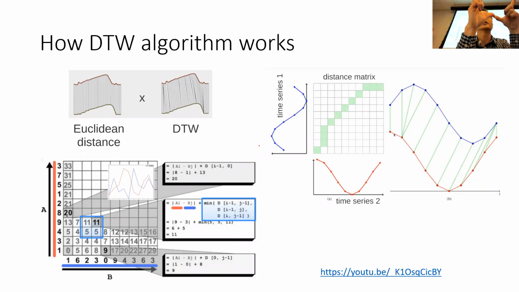Then you compare the pairwise distance from any given point in A to B, and then you build this distance matrix.